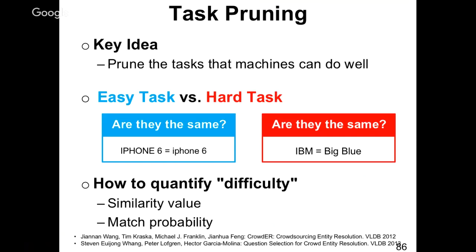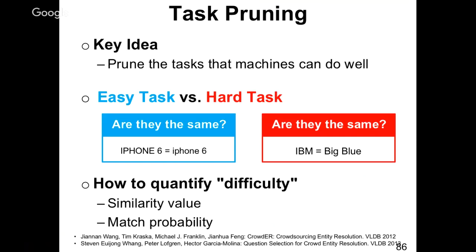Fortunately, for many machine-based techniques, they can usually give us the uncertainty about the answers. For example, here, we can use the similarity value to see which task is the easy task and the hard task. For example, the similarity between the two strings is almost equal to 1, and the machine is very confident about this result. We don't really need the crowd to check it. Okay? So that's one idea. The other idea is to use machine learning.